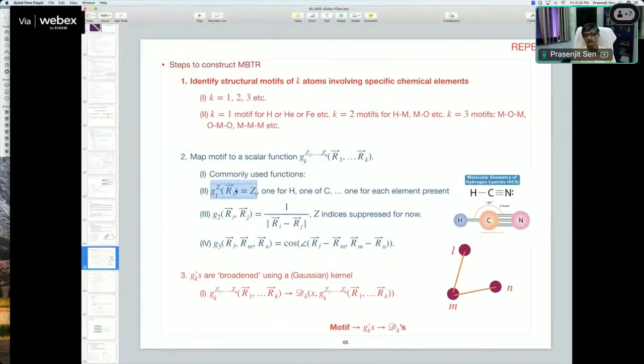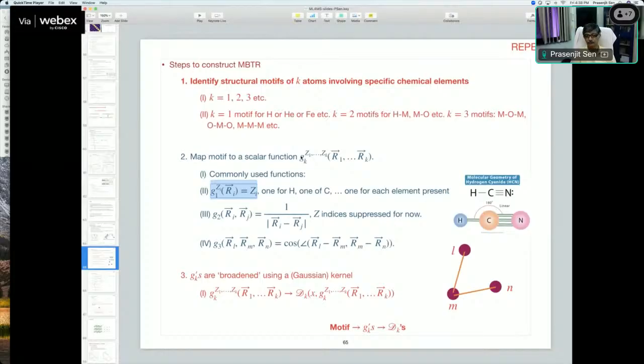So how do you map the motif to a scalar function? If it is a one atom motif, then the scalar function is just the atomic number. And note that these G functions had this index Z, which is the atomic number.